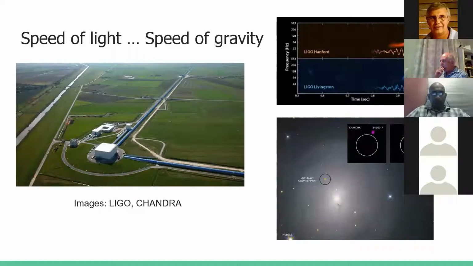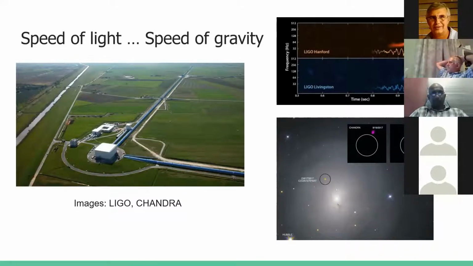When gravitational waves were first detected by LIGO, at the very same time, an X-ray was detected by the Chandra Observatory, within a fraction of a second of the detection of the gravitational wave. Bearing in mind that this signal traveled from a distant galaxy, not even from within our own galaxy, those signals corresponded to a very large degree.